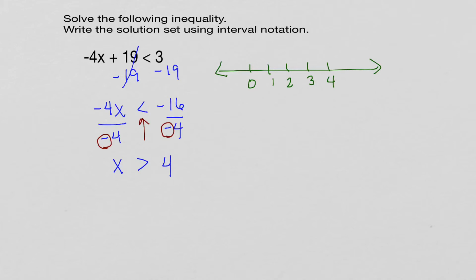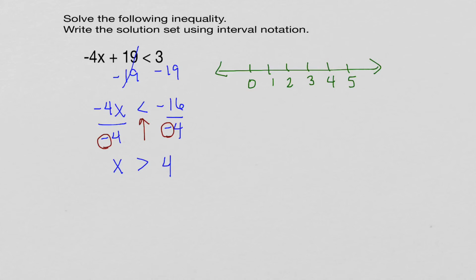It's greater than 4, so it's not greater than or equal to, it's greater than 4. That does not mean that we start at 5, because there are numbers in between 4 and 5 that are greater than 4. So, for instance, 4.5 is greater than 4. 4.25 is greater than 4. 4.00000001, so really close to the number 4, is greater than 4.